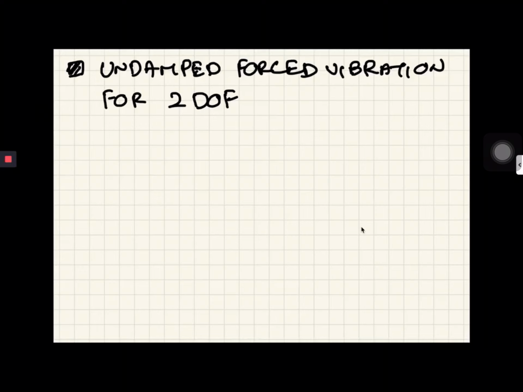If you still remember, we will use the same model like we used before, which is a spring and mass system, M1, M2, and basically the rest is the same, which is K1, K2, and then X1 and X2.